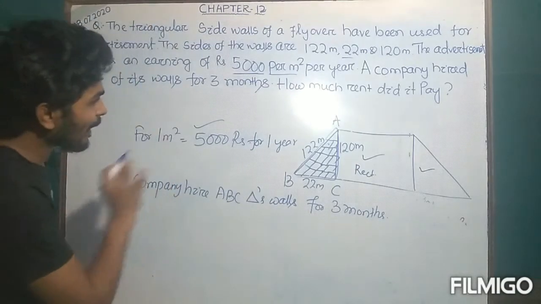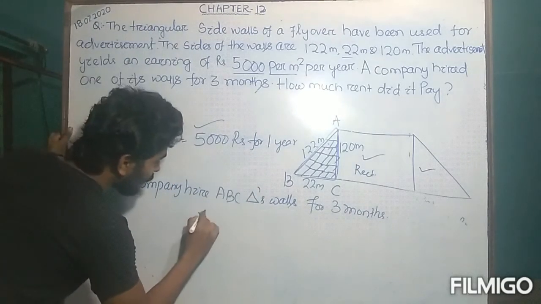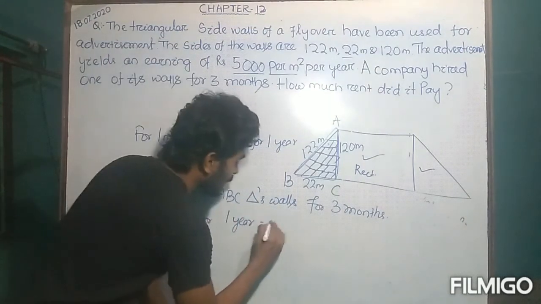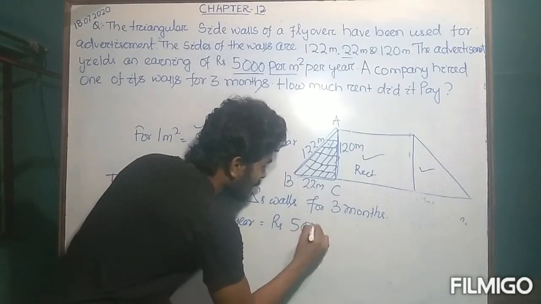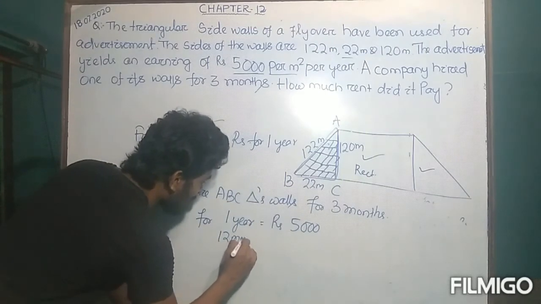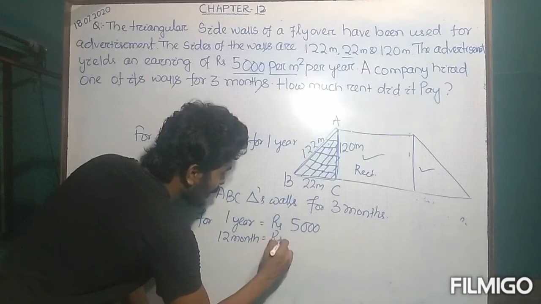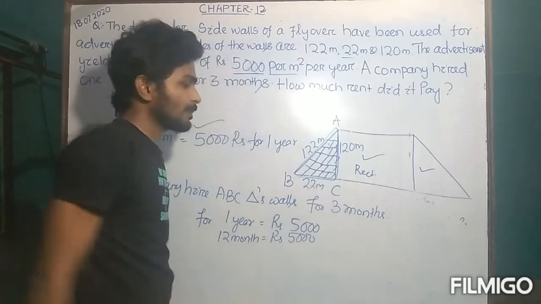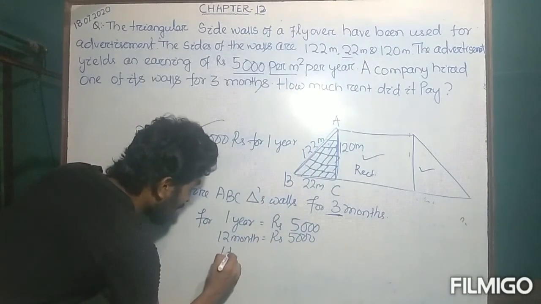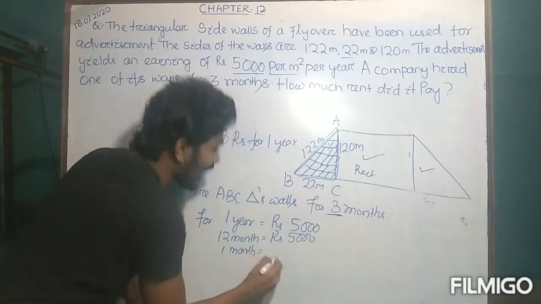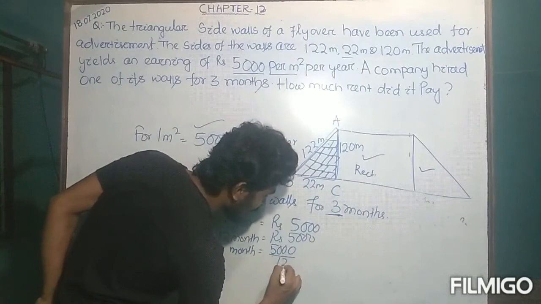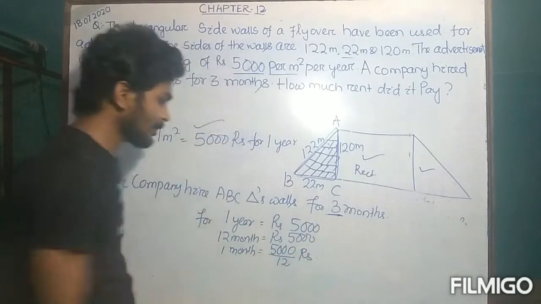Since for 1 year he has to pay 5,000 rupees, and 1 year means 12 months, so for 12 months he has to pay 5,000 rupees. But the company uses the wall for only 3 months. So for 1 month he has to pay how much money? He has to pay 5,000 divided by 12 rupees.